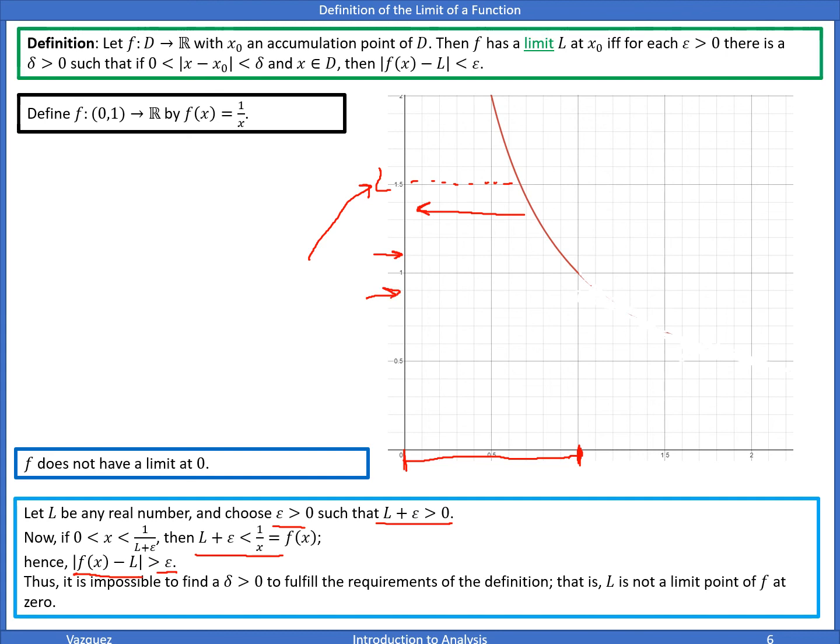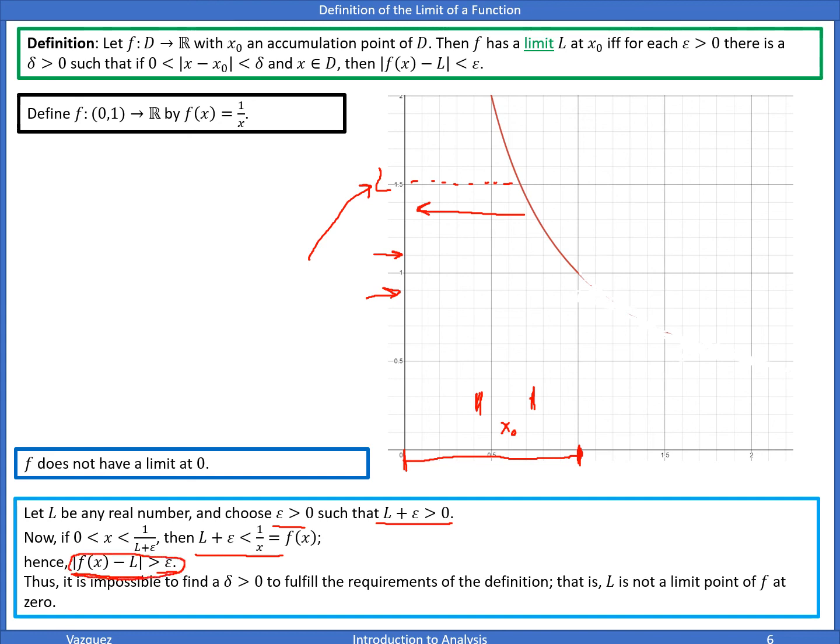Because this just kind of blows up, so to speak, as x gets closer and closer to 0. So no matter what neighborhood around x naught we choose, it wouldn't fulfill our requirements for the definition for delta, because of this fact that f of x minus L is greater than epsilon.